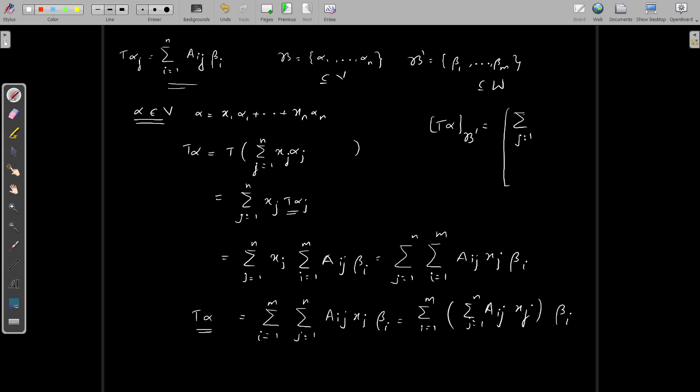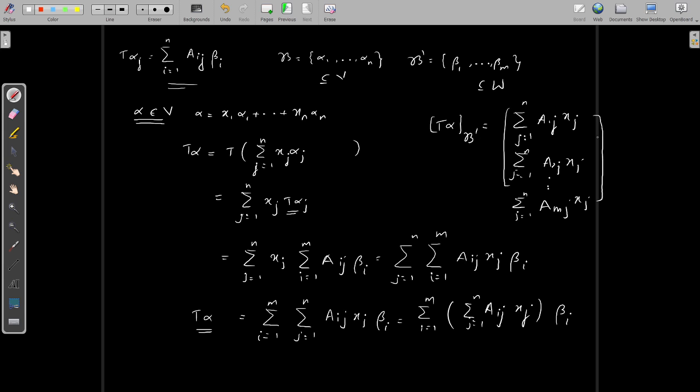So summation j equal to 1 to n of a1j xj is the first coefficient when i is equal to 1, and the second coefficient is summation j equal to 1 to n of a2j xj, etc. The last one will be summation j equal to 1 to n of amj xj. Okay, so these are the coordinates of T alpha relative to the basis B prime.